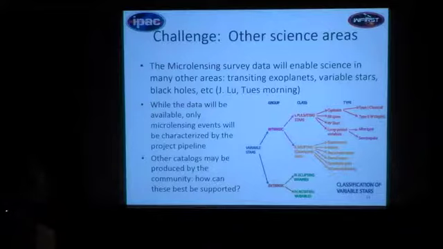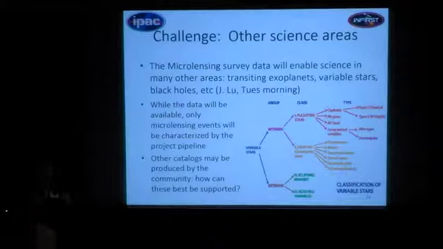We're going to hear a few talks here about other science that this survey will enable. But the way the resources are currently allocated, there'll be the data products released to everyone that I listed, but the microlensing pipeline can only focus on microlensing.